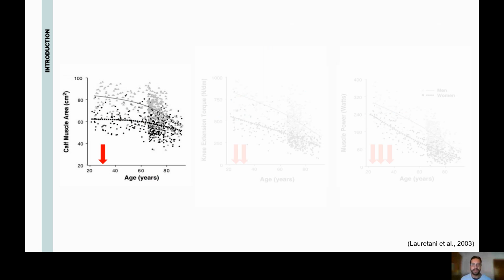Therefore, these changes in size and morphology can affect the motor function and performance in the elderly. However, mechanical power declines with age at a higher rate than muscle mass and strength, and has also been shown to have a higher association with functional limitations and mortality than sarcopenia.